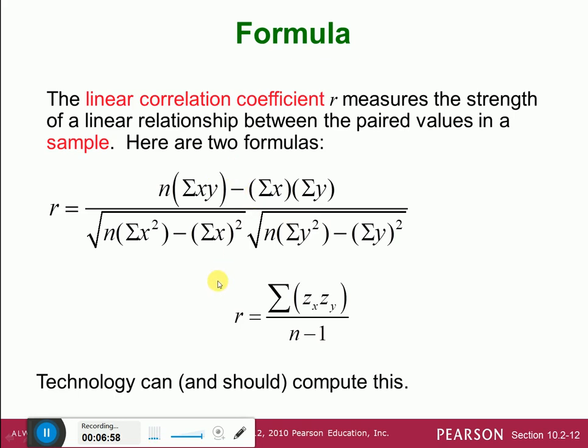Usually we can use the TI-83 or 84 graphing calculator to find the coefficient in this chapter.